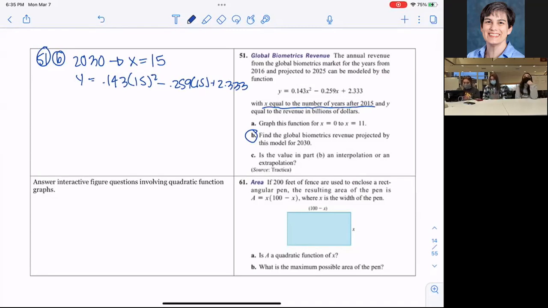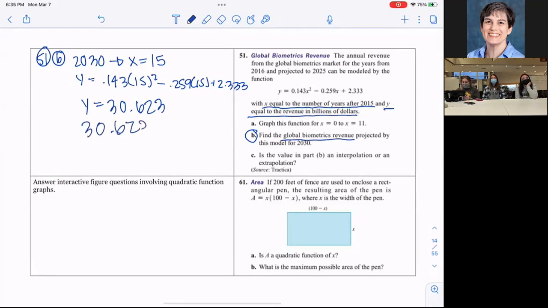And so our y is going to equal 30.623. y is equal to the revenue in billions of dollars. So the global biometrics revenue is going to be somewhere around 30.623 billion.